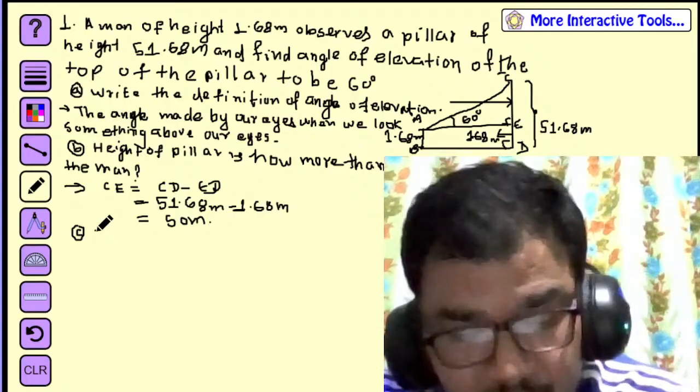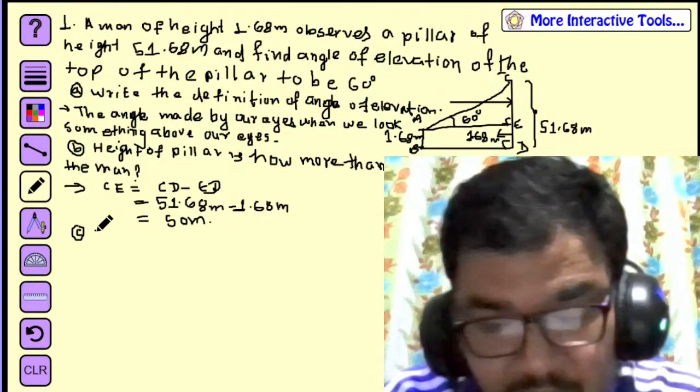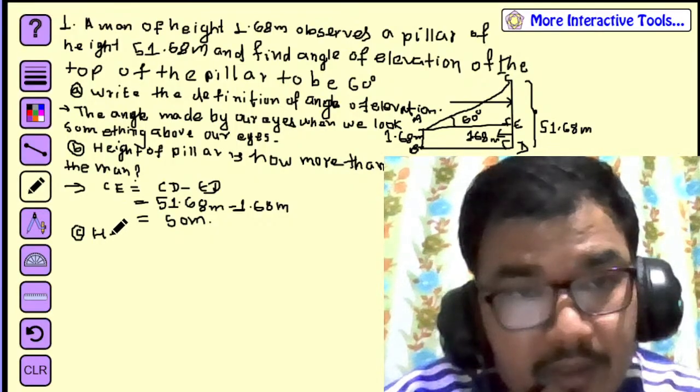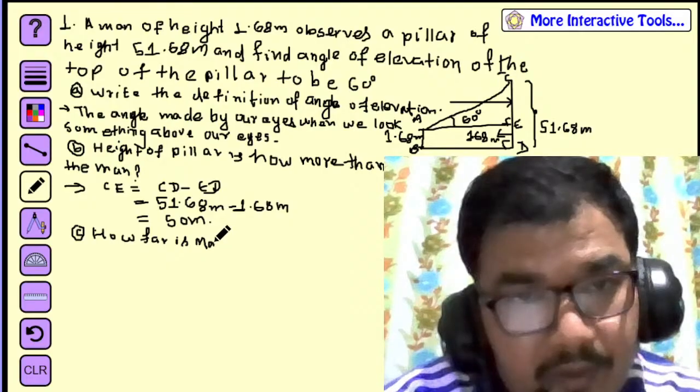And it's C number. How far is the man from the pillar? Okay, how far is the man from the pillar? It's asking here.